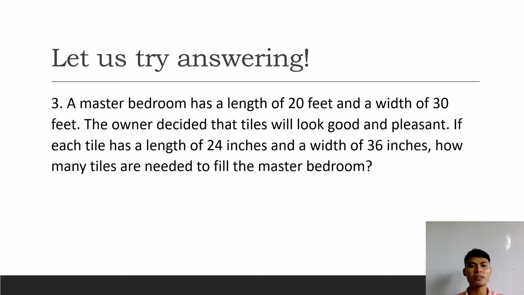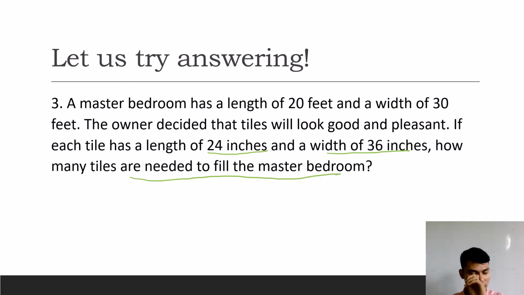It must be a rectangle. The owner decided that tiles, lagyan daw niya ng tiles, will look good and pleasant. If each tile, yung tiles ha, sa makita nyo sa CR, sa SM, has a length of 24 inches and a width of 36 inches, how many tiles are needed to fill the master bedroom?